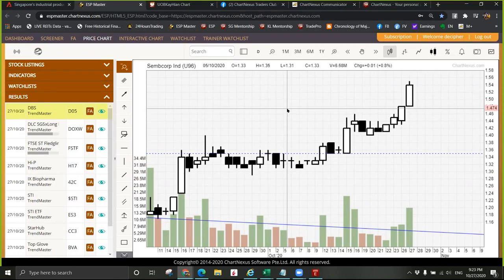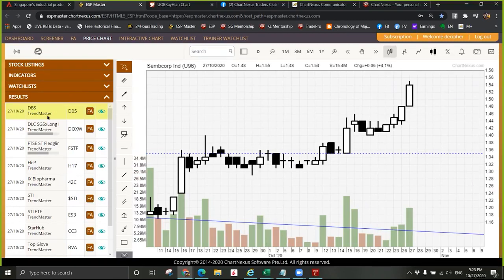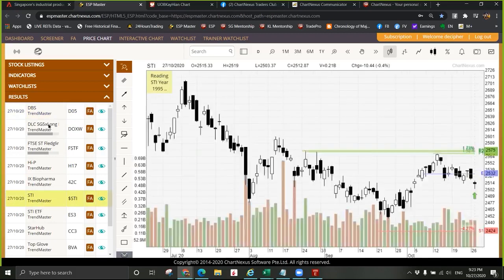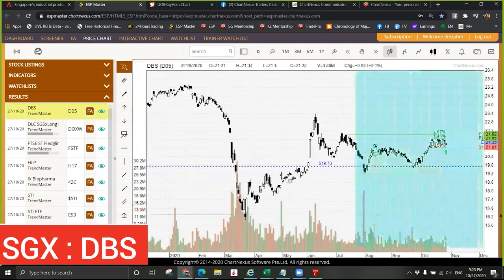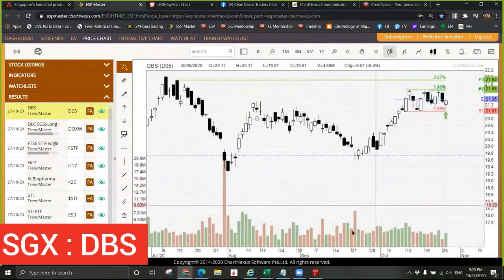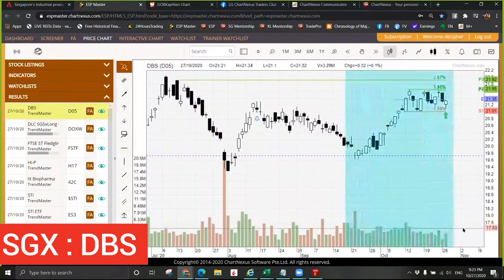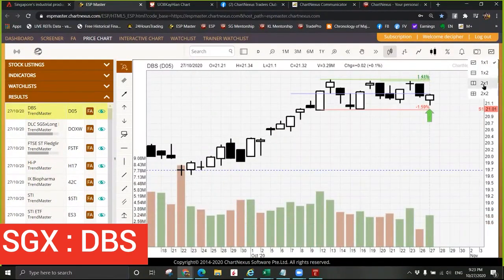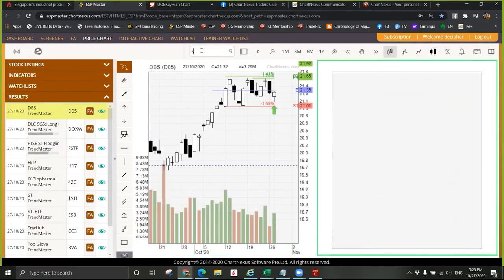Now, after knowing how to read a chart, let us take a look at DBS again. When I switch to DBS, you will notice that the transaction volume is suddenly not as clear as Sembawang Corp Industry.